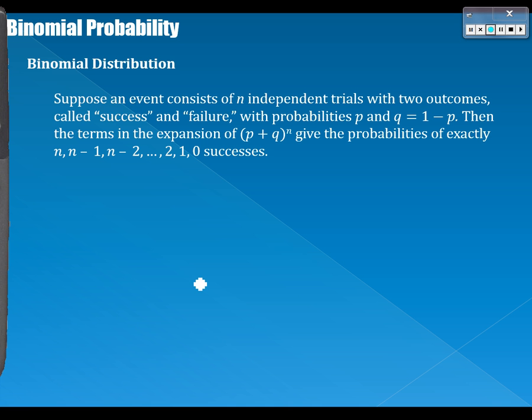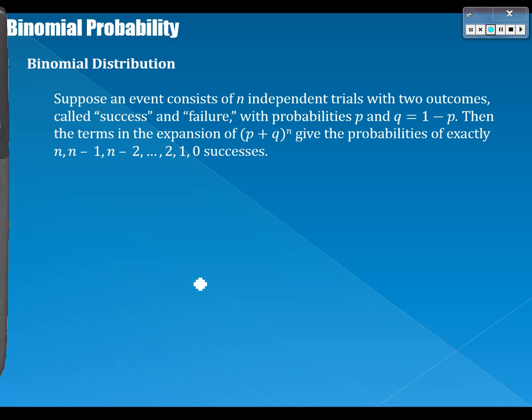So we have to kind of explain what this is saying. Suppose we have an event that consists of n independent trials with 2 outcomes. All the trials are repeated with the exact same probability, every time the same probabilities of both events. We're going to label one event "success," like maybe in the warm-up we called that heads, and "failure" being tails.